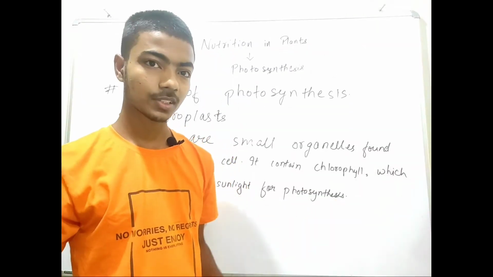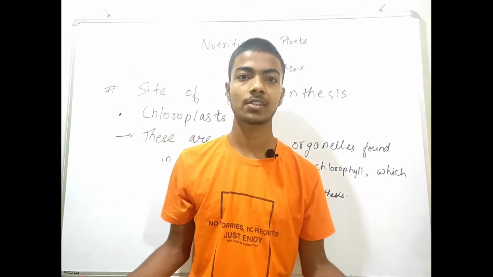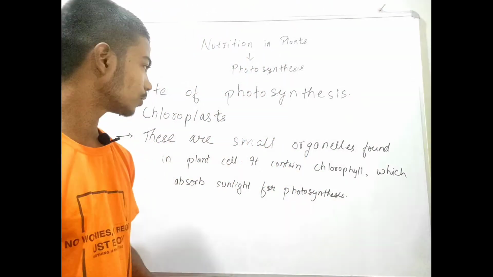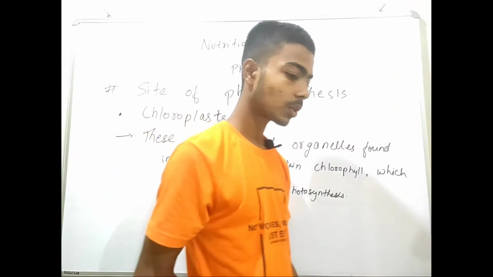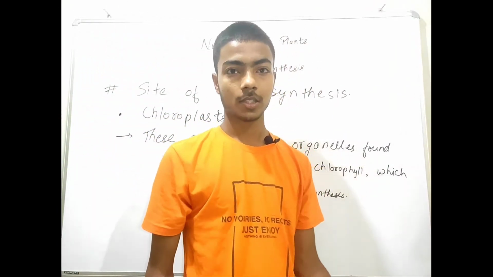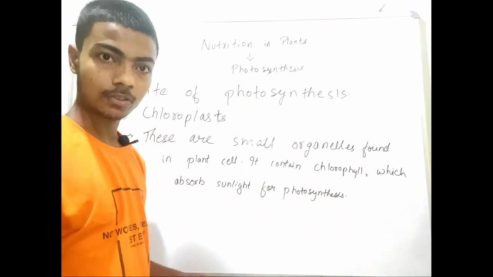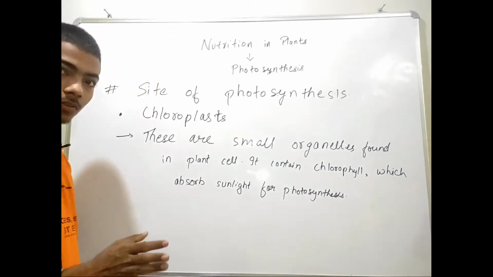After watching the events occurring during photosynthesis, we will now look at where photosynthesis takes place in the plant. Photosynthesis takes place in the leaf, that we all know. Where in the leaf? All plant cells contain small green pigments called chlorophyll, and it is present in an organelle called chloroplast. So we will first know about chloroplast.